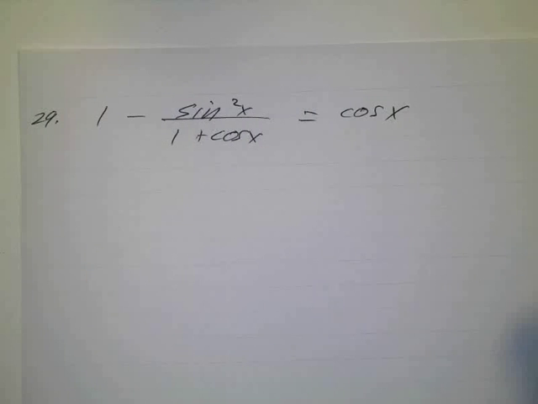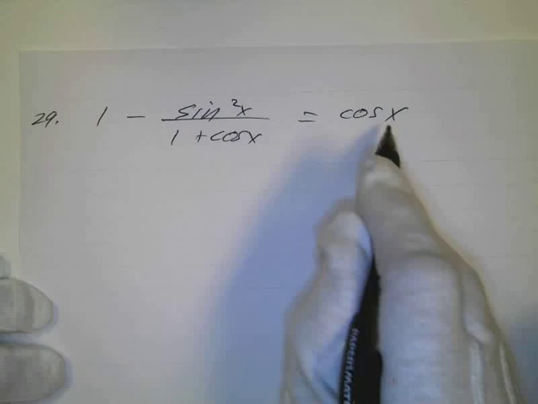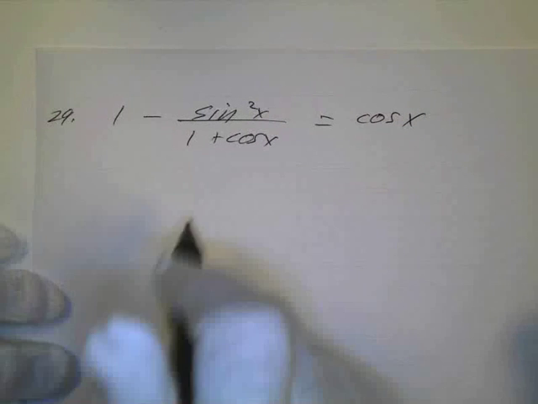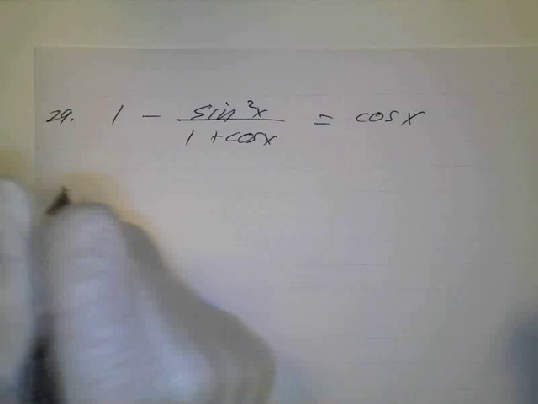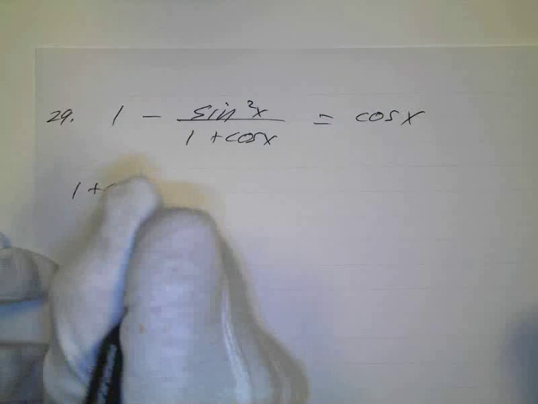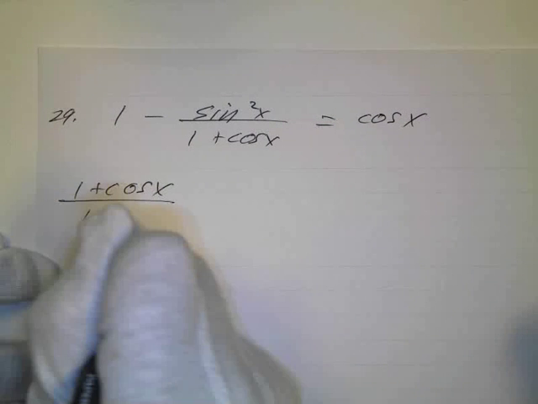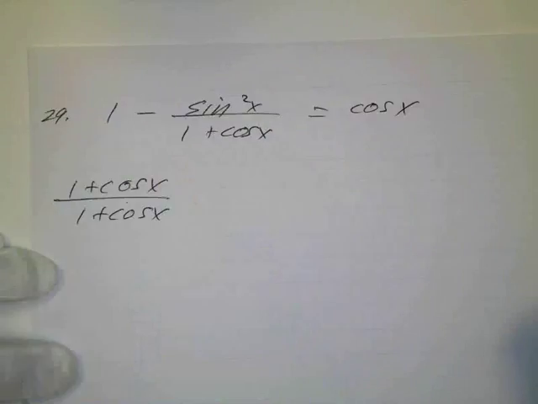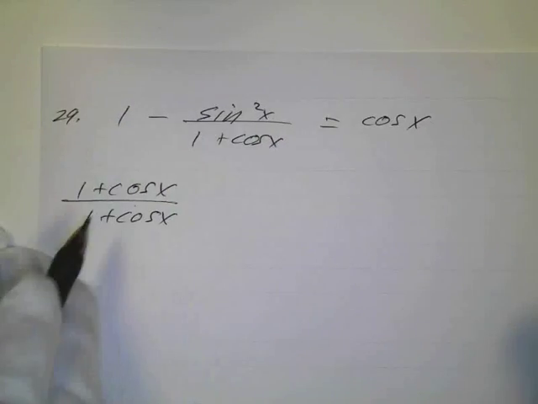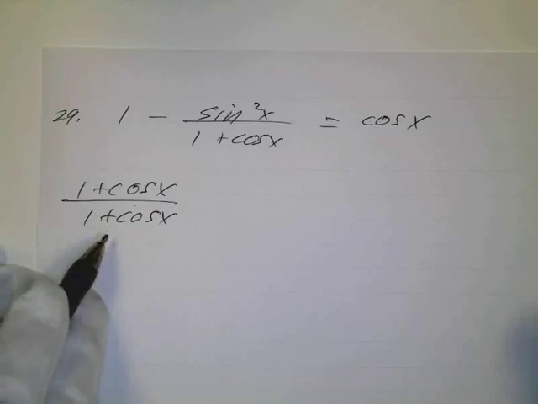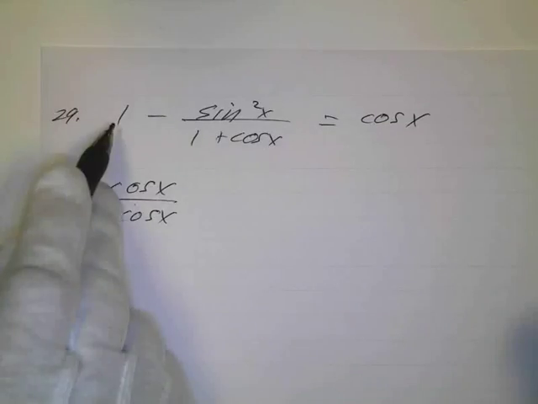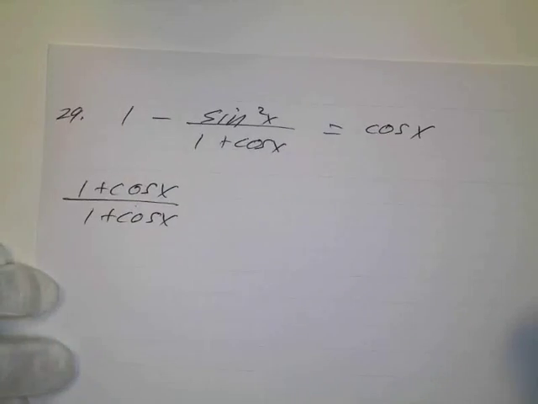Again, we've got two terms here and one term there, so I'll try to get one term on both sides. So this would be 1 plus the cosine of x all over 1 plus the cosine of x. Is that equal to 1? Yeah, the top and the bottom are the same, so this is equal to 1.